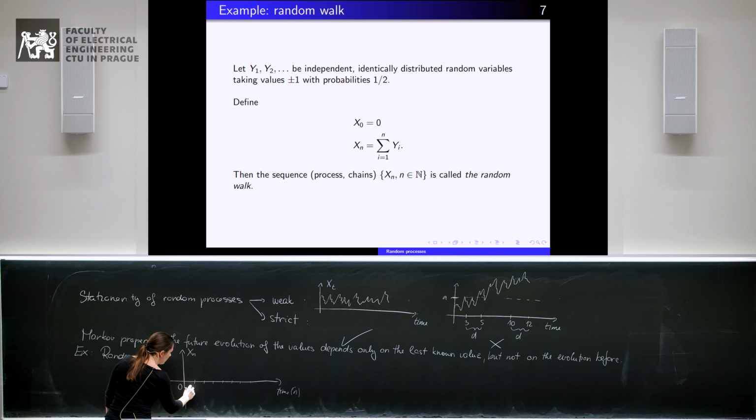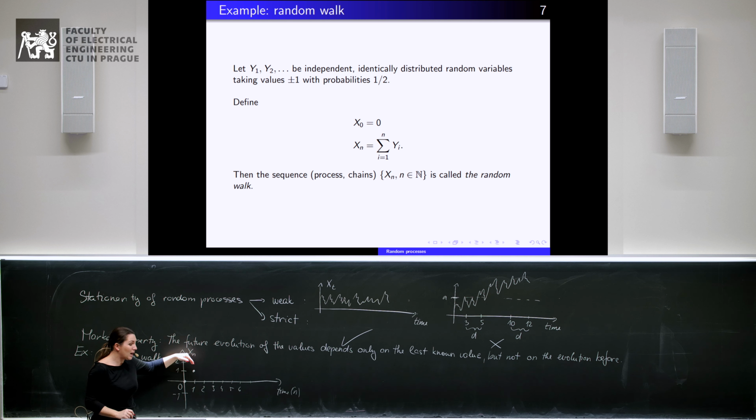We start in the value 0, and with probability 1/2, we will jump to the value 1. With probability 1/2, we will fall down to the value -1. So let's say we will jump to the value 1. And again, we jump up to the value 2 with probability 1/2.